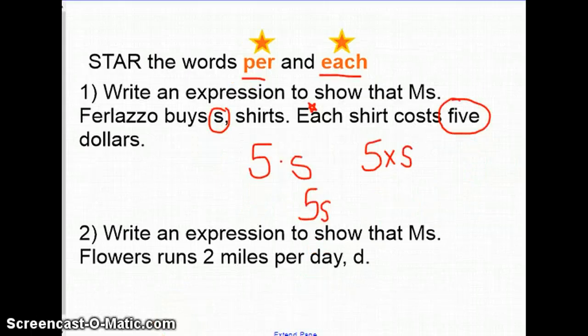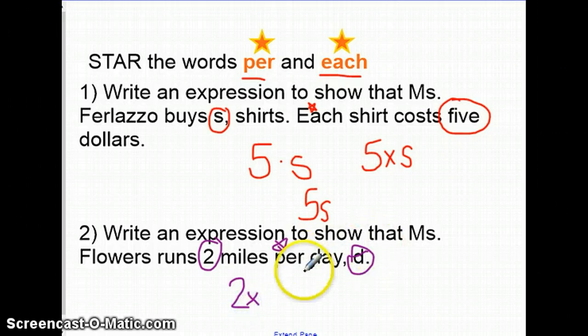Okay, let's look at the second example. Write an expression to show that Miss Flowers runs 2 miles per day. So we have 2 miles times the amount of days. Do you see how we have an x, which means multiply, and then our d, which is our variable?